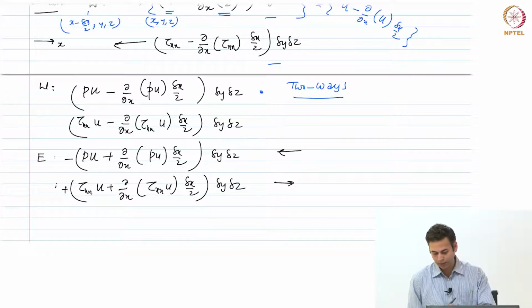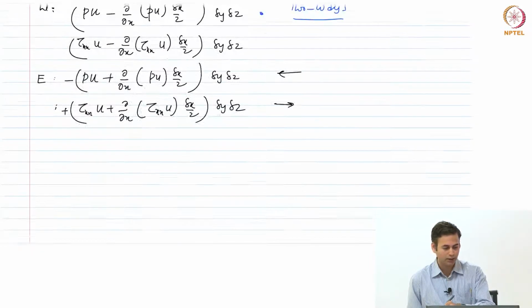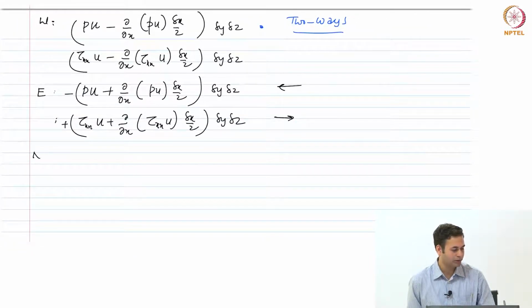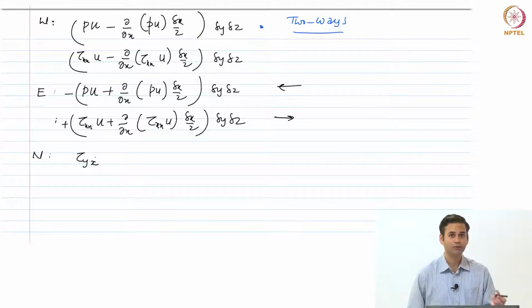So, essentially if we write those together, on the north phase, what was the force we had? Tau y x, that is essentially acting on the positive north phase in the direction of x. Which velocity should I multiply this with? I should multiply this with v because... why?